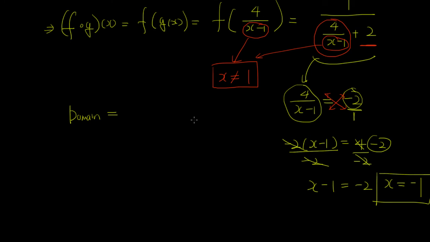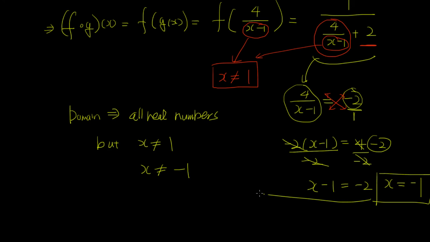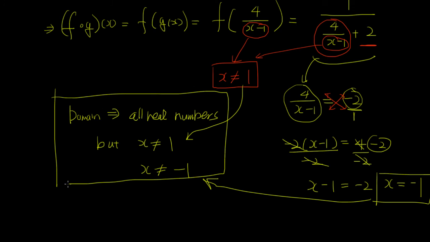So domain would be all real numbers, but x cannot be equal to 1, and x cannot be equal to negative 1. That's from here, that's from here. That's going to be our domain.